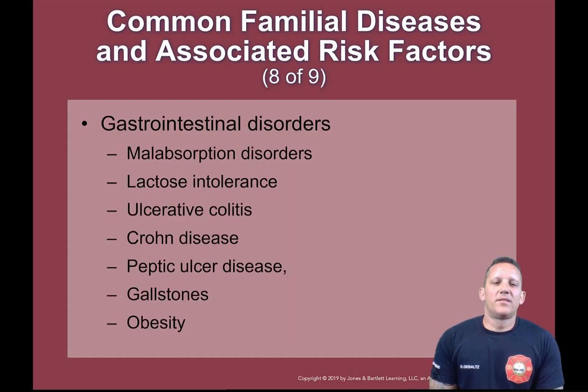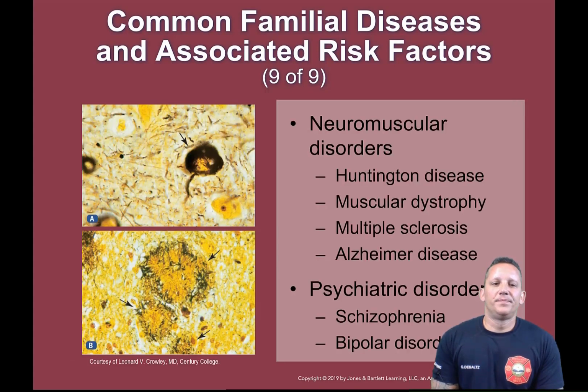Gastrointestinal disorders: you can have malabsorption disorders, lactose intolerance, ulcerative colitis, Crohn's disease, peptic ulcer disease, gallstones, or obesity. All of these things can be passed generation to generation because it's sometimes a genetic issue.